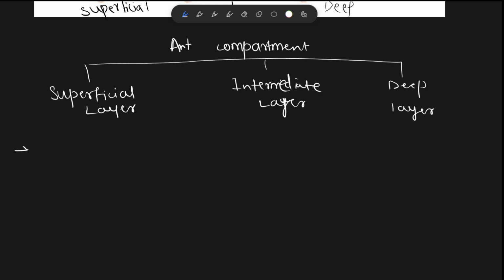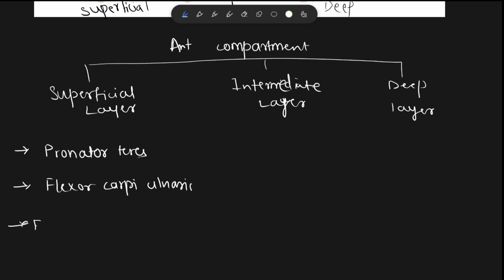Okay, so here we have pronator teres, we have flexor carpi ulnaris, flexor carpi radialis, palmaris longus.